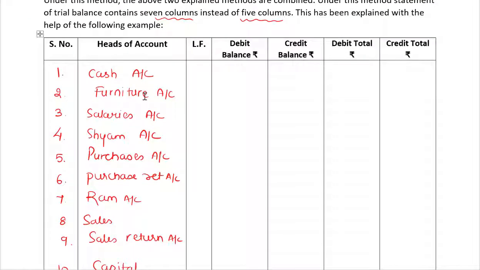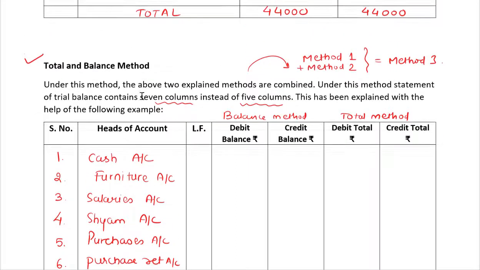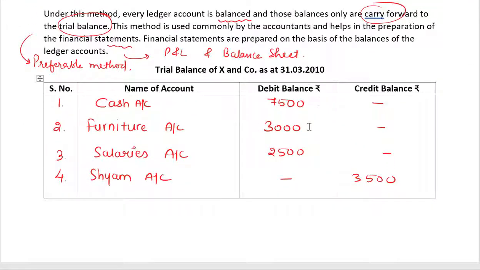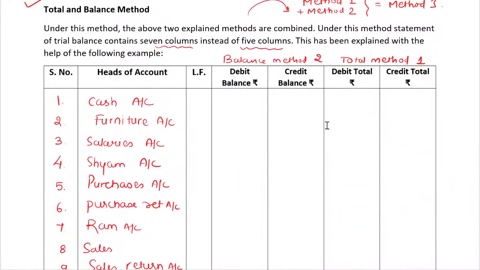Just try to club method 1 and method 2. So this is method 2, that is the balance method. Over here just write total method. This is method number 1 and this is method number 2. We'll copy method number 2 first because it is nearby. 7,500, 3,000, 2,500, and in Shyam we have 3,500.